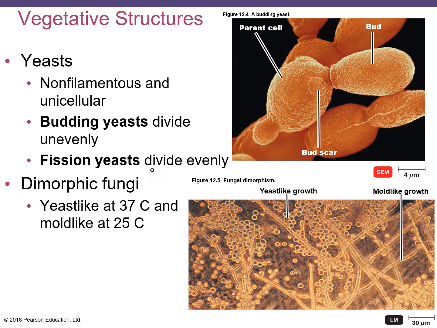And some yeasts produce buds that fail to detach themselves. These buds form a chain of cells, which we call pseudohyphae, because they resemble hyphae. Candida albicans is one of the yeasts which attaches itself to human epithelial cells as a yeast.